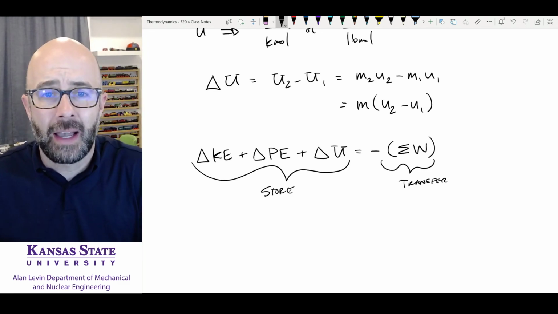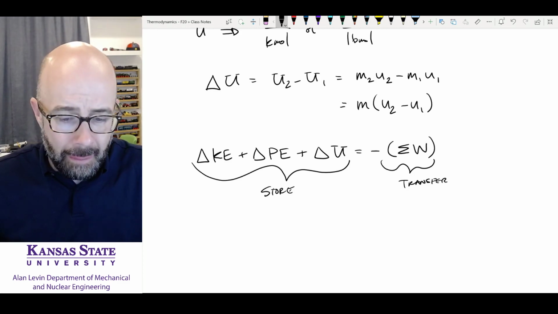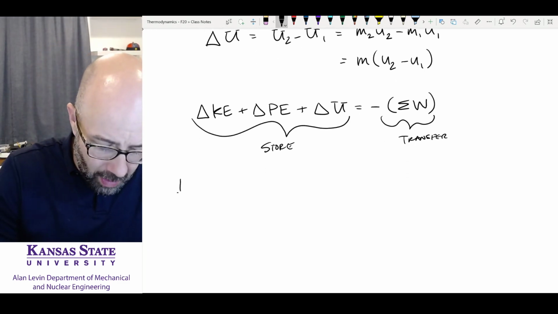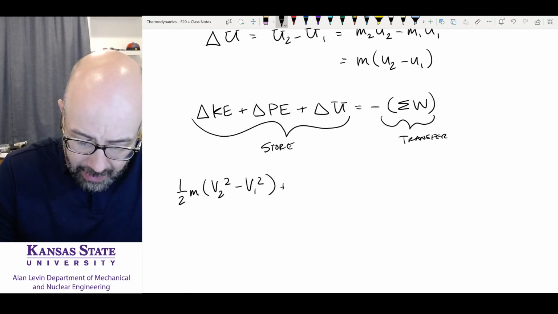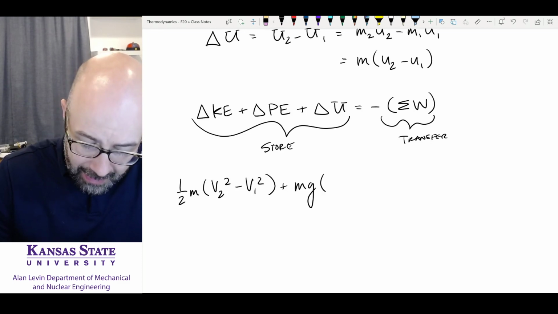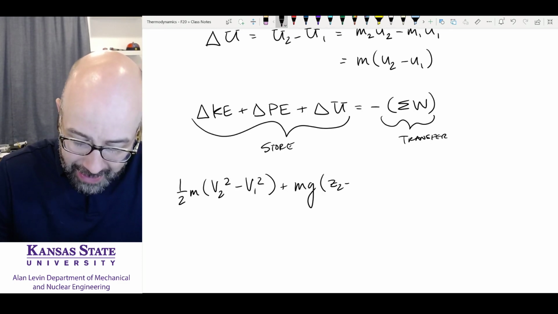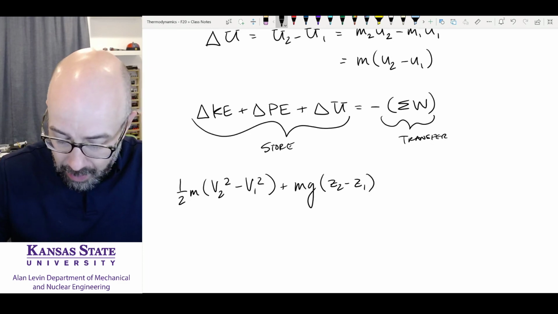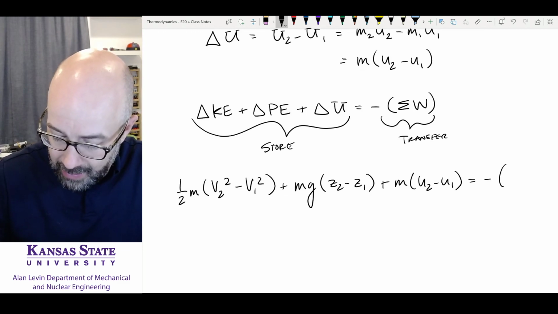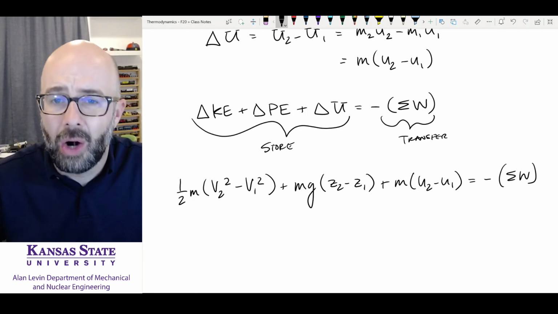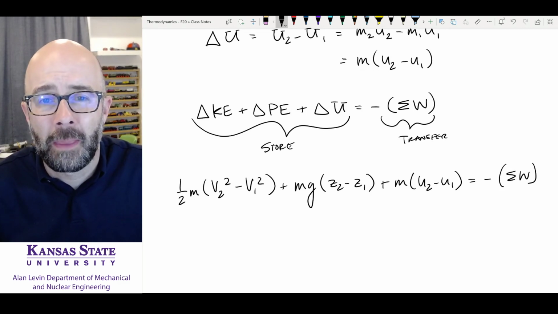Everything on the right-hand side is not a property. I could write it this way: 1/2 mass times velocity 2 squared minus velocity 1 squared, plus mass times the gravitational pull times z2 minus z1, plus mass times u2 minus u1, is equal to minus the summation of all my work. That's where we are right now with our equation.